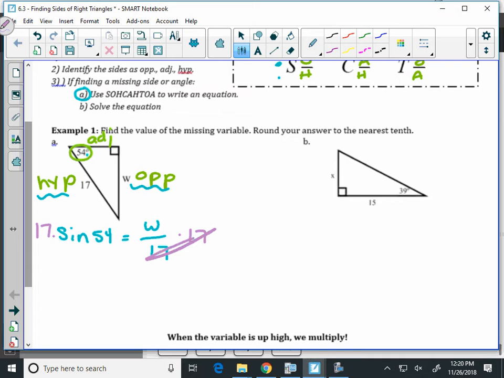That way it cancels out. W is by itself, and we're plugging this in our calculator exactly how it's written. And when we multiply, we always stick the number out in front of sine, cosine, or tangent. So you need to get your calculators out. And there's some things we need to do before we can start plugging stuff in. So don't plug it in just yet, or you might get a weird answer.